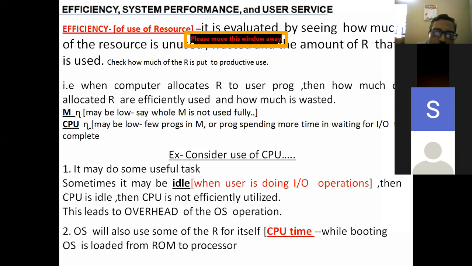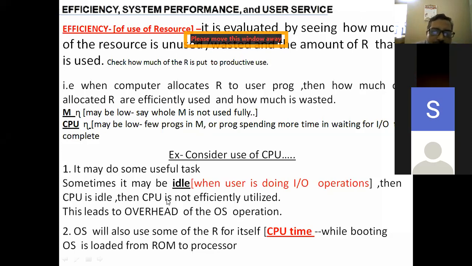My aim is always to keep the CPU busy by executing one or more processes. We can't afford to keep the CPU idle. Hence the CPU should always be busy executing some program at any instant of time. If I am able to keep fewer programs in the memory, then the CPU will not always be busy in the execution of processes, hence we can say that CPU efficiency will also be low.